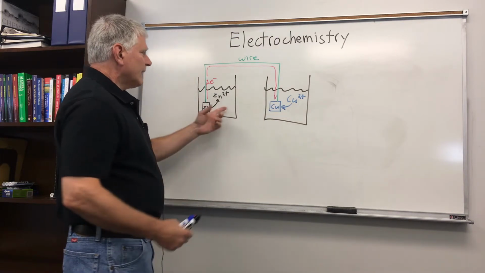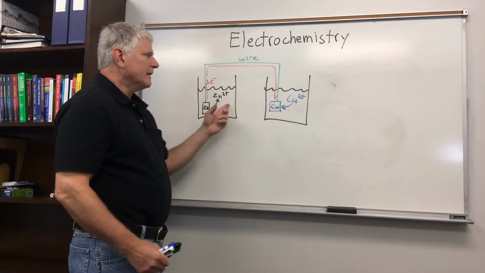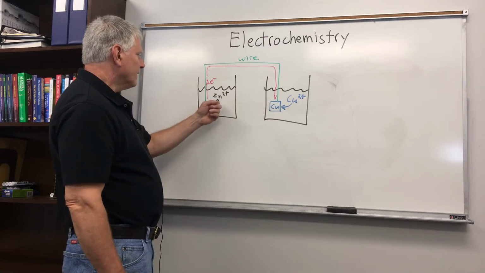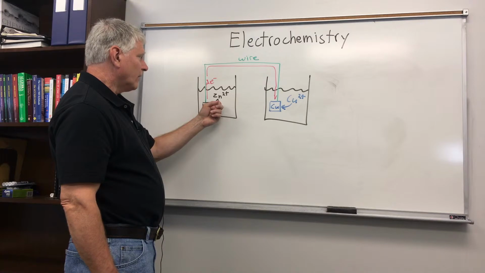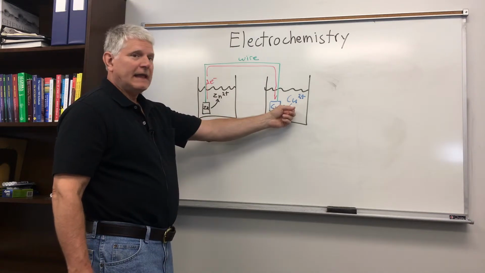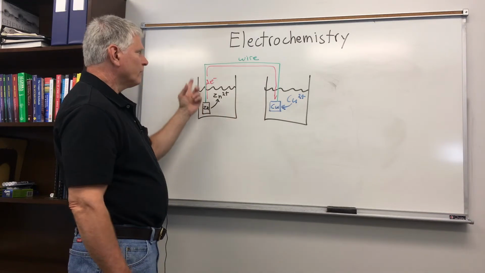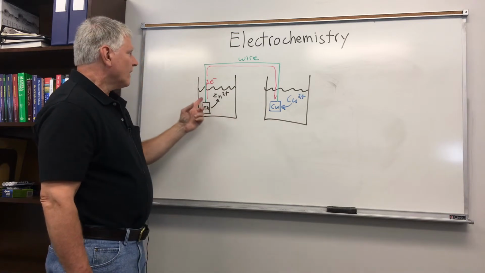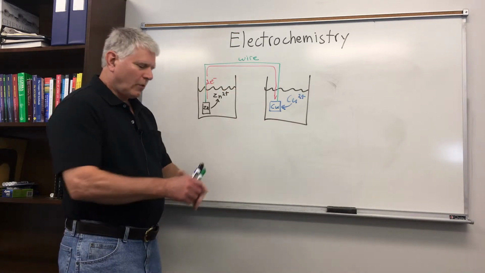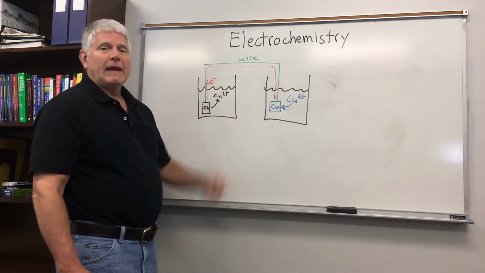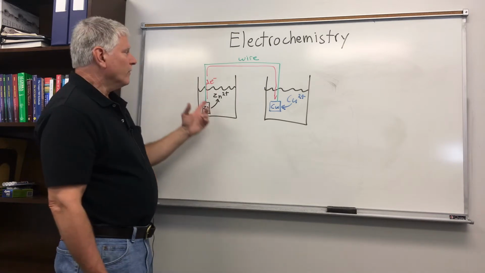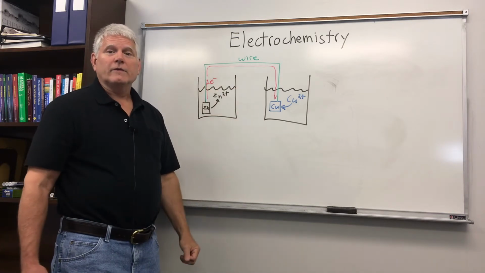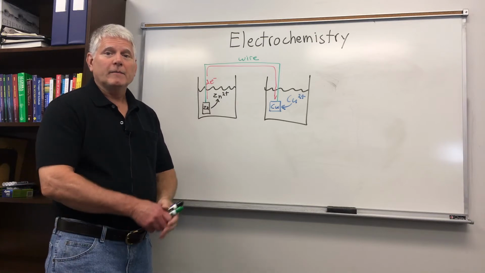So this is the same reaction, we just separated it into 2 halves, one half that loses the electrons and the other half that gains the electrons. And in order for the electrons to be transferred, now they have to flow through a wire, and we can get them to power something useful like your cell phone while they're flowing through the wire. So this is the concept behind a battery.